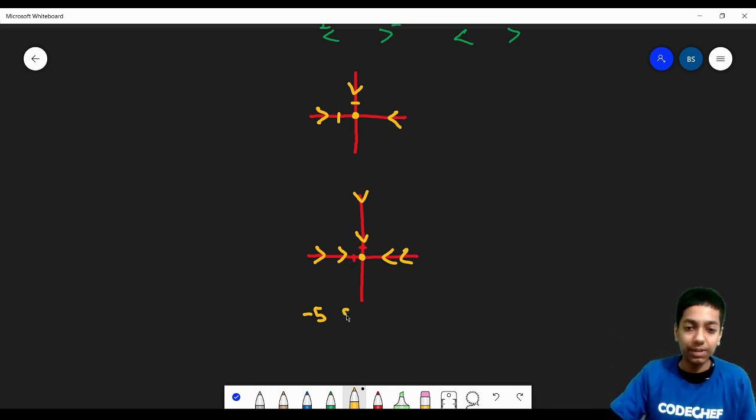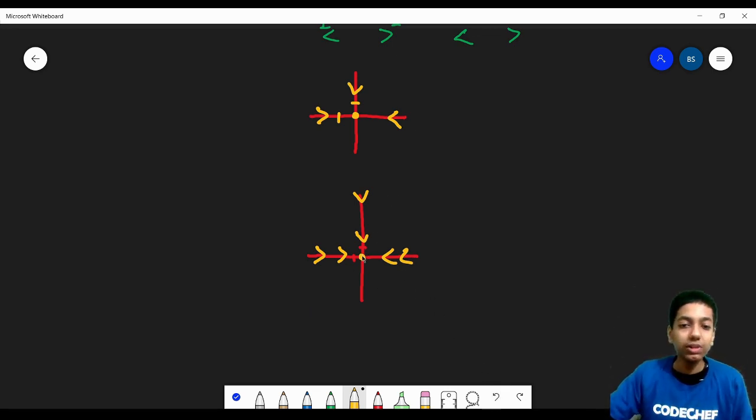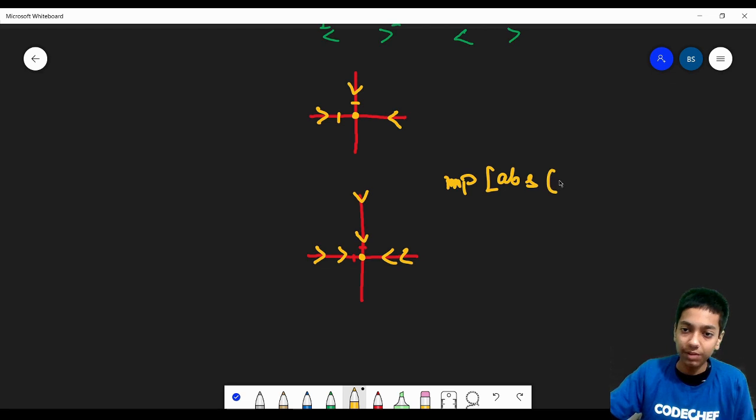And if let's say +5 is given, it's on the other side, right? So this way, to check whether this ant will collide at this point, what we can simply do is check the map of, let's say, the absolute of the distance d, right?